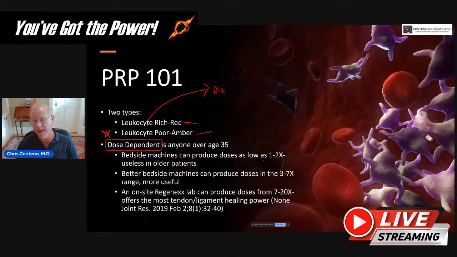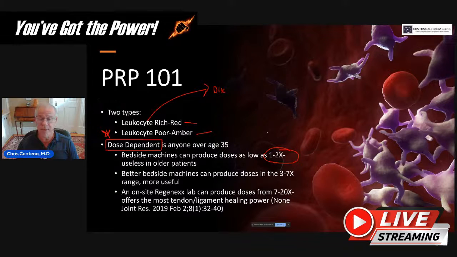And again, I can't emphasize enough this dose-dependent response with PRP. And the problem is that we still have clinics out there that are using these useless 1 to 2x concentrating machines, meaning they're only concentrating the amount of platelets either to the amount that's there or slightly more than the amount that's there. And if you're young, that's not a problem. It'll probably still work.